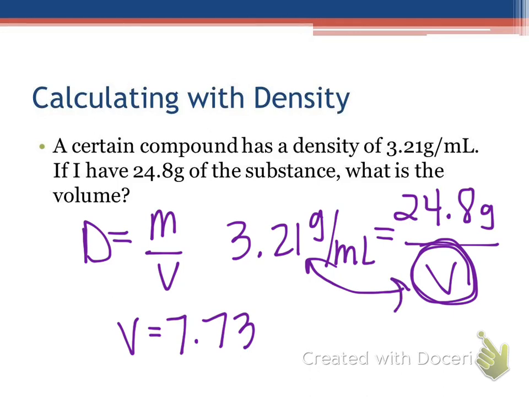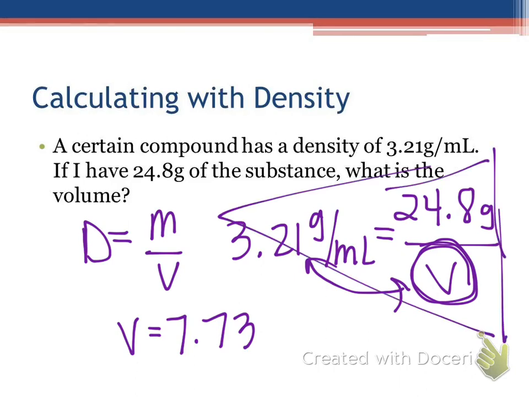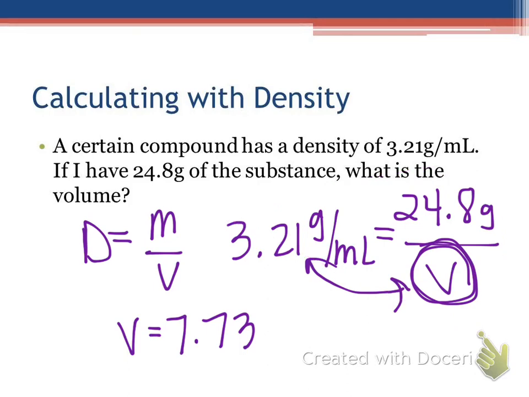Okay, so whenever the variable that we're looking for is in the bottom of one of these triangle type equations, whenever what we're looking for is in the denominator, we switch those two places. So essentially we're taking 24.8 divided by 3.21 to get our volume. Okay, so I got about 7.73.